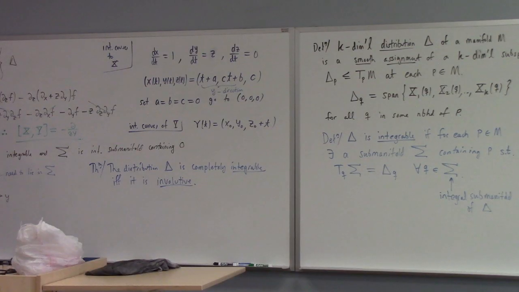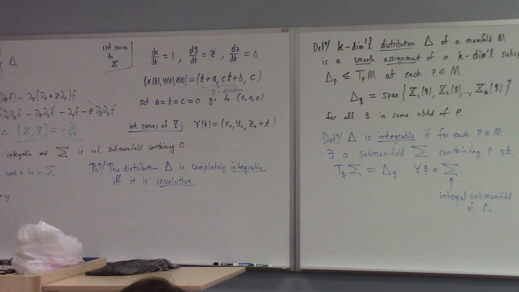In other words, we can find integral submanifolds to a given set of vector fields only if it's the case that those vector fields, when we take the Lie brackets of them, the Lie bracket ends up again being just a linear combination of those vector fields again. This is what has to happen.